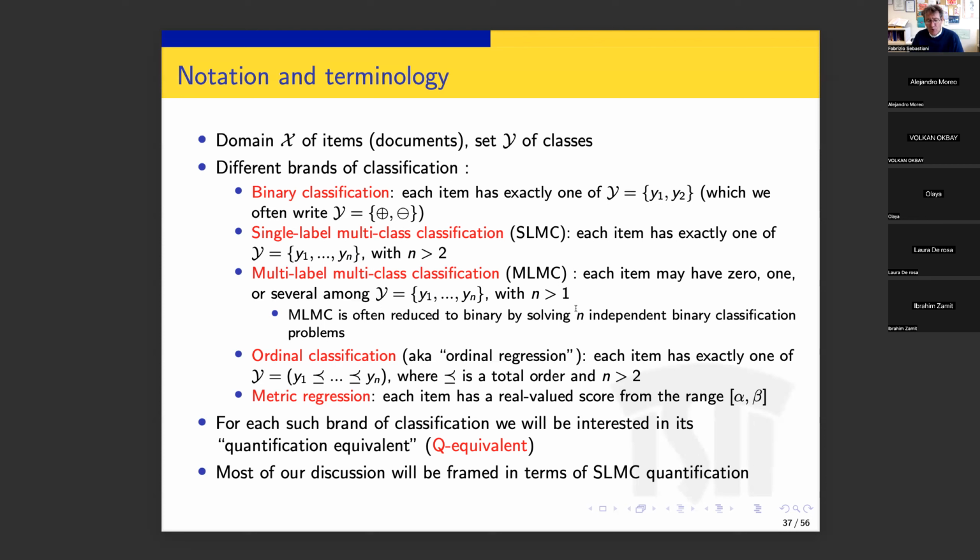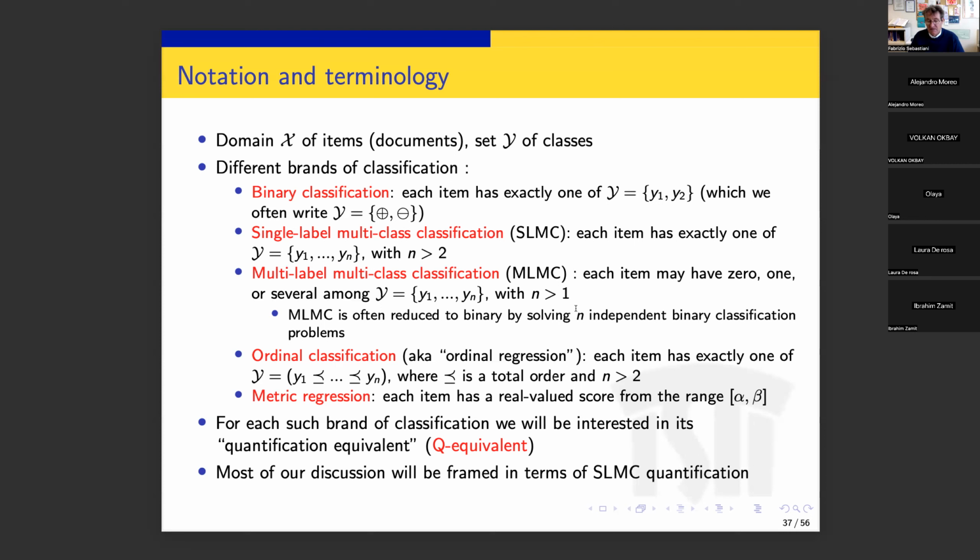And then ordinal classification, which is also often called ordinal regression, you might know it under this name, is the single label multi-class classification case in which the n classes have a total order defined on them, such as when you have very negative, negative, neutral, positive, very positive, and there is a total order between them. N is higher than 2, and the total order means that different mistakes are maybe more serious or less serious.